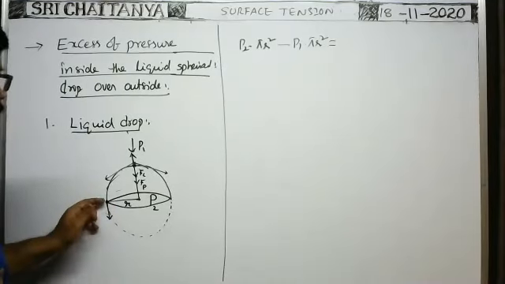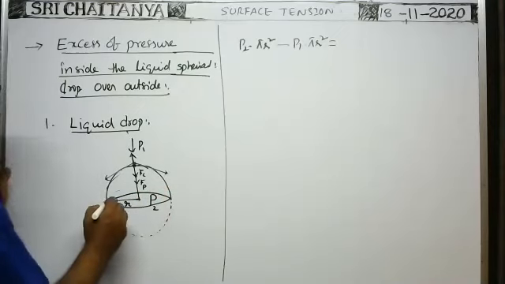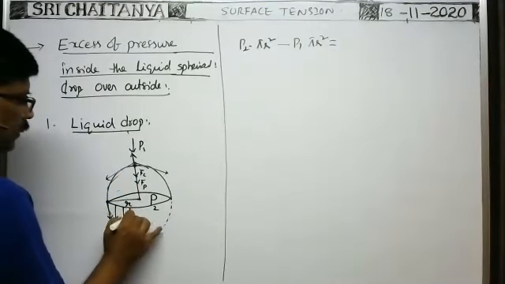That is, at this point, because of the remaining hemispherical drop, the force due to surface tension acts on the upper hemispherical drop in the downward direction like this.